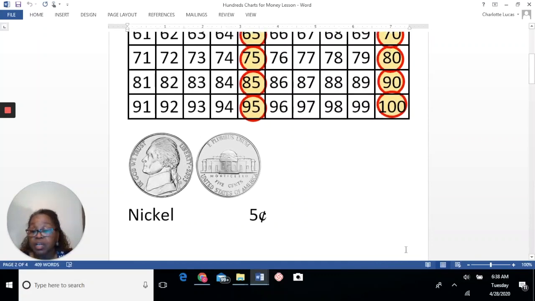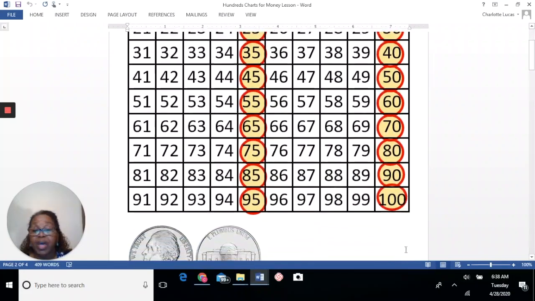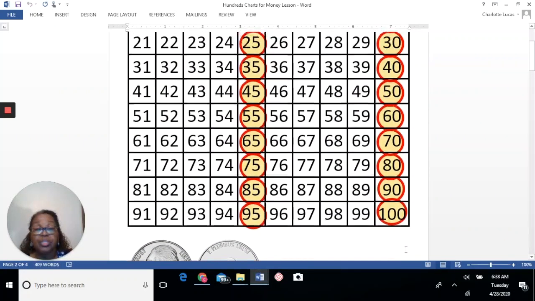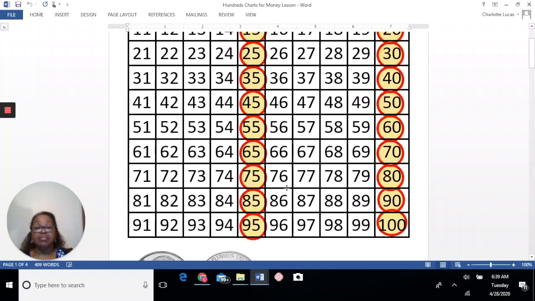The value of a nickel, if we skip count by a nickel, which is 5 cents, to get to 100, our pattern changes. We skip 5, 10, 15, 20, 25, 30, 35, 40, 45, 50, 55, 60, 65, 70, 75, 80, 85, 90, 95, 100.